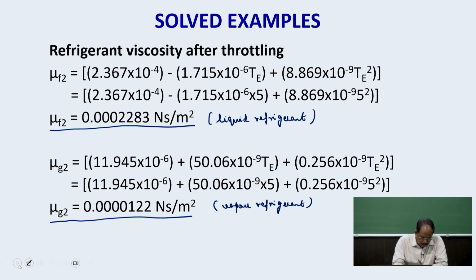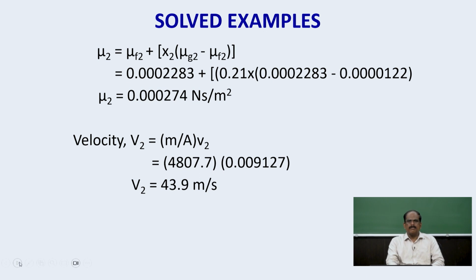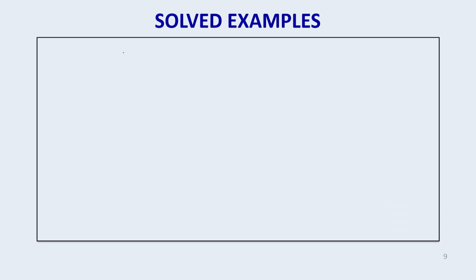So, next, since the dryness fraction is given in the question as 0.21, similar to specific volume, we can write the viscosity after expansion, that is mu2, which is equal to mu f2 plus x2 into mu fg2.